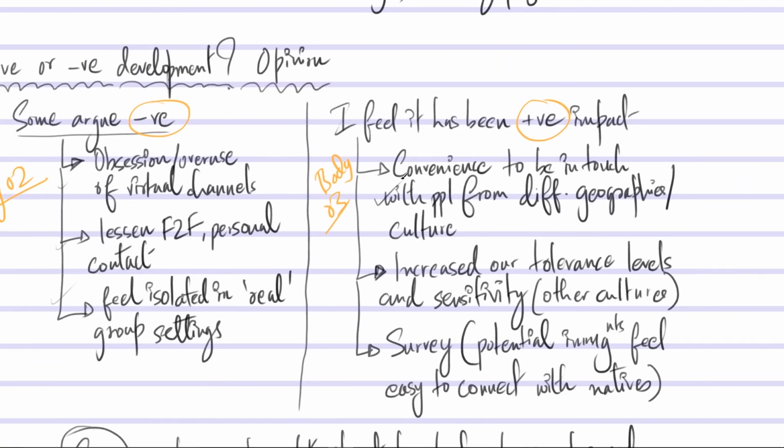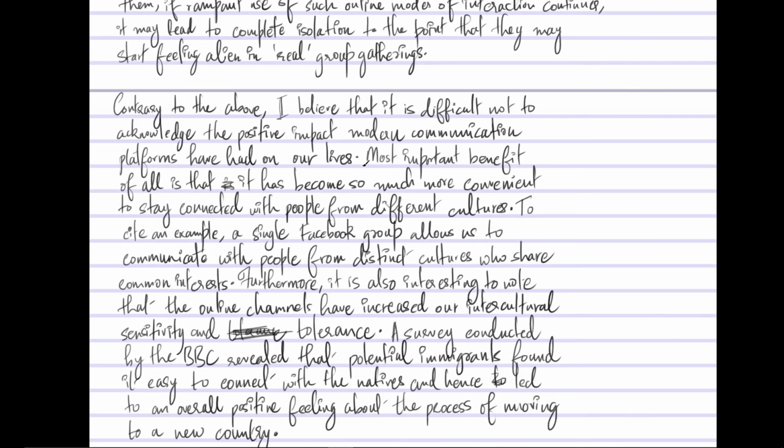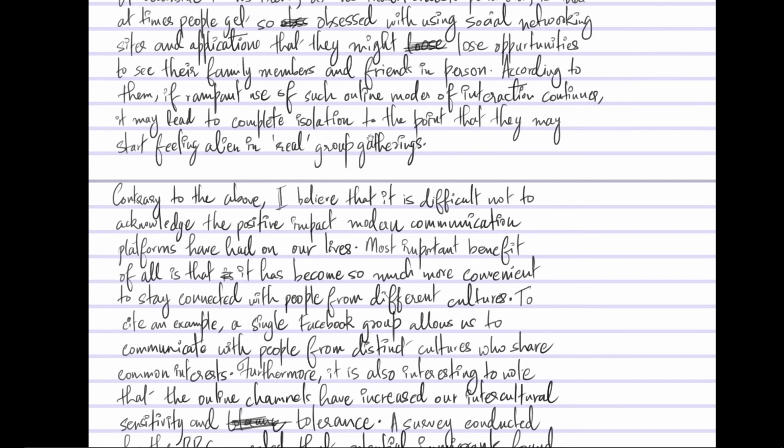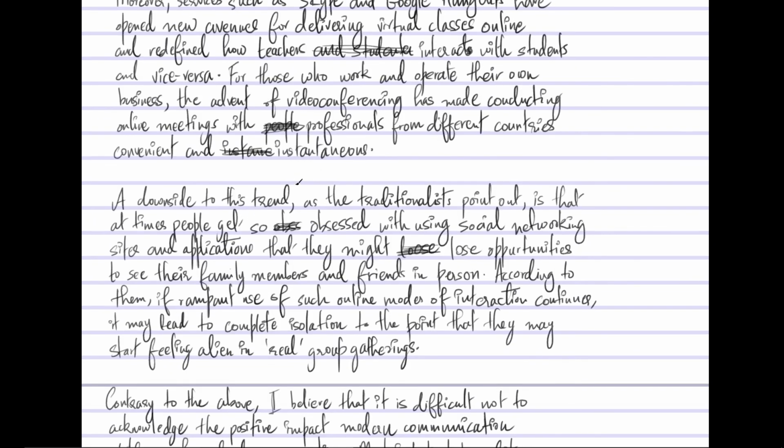So this is the third body paragraph, which is talking about the positive impact the communication facilitated by technology have had, and the different aspects related to that. This is the short second body paragraph, which is talking about the counter view or the counter opinion that some traditionalists might have.